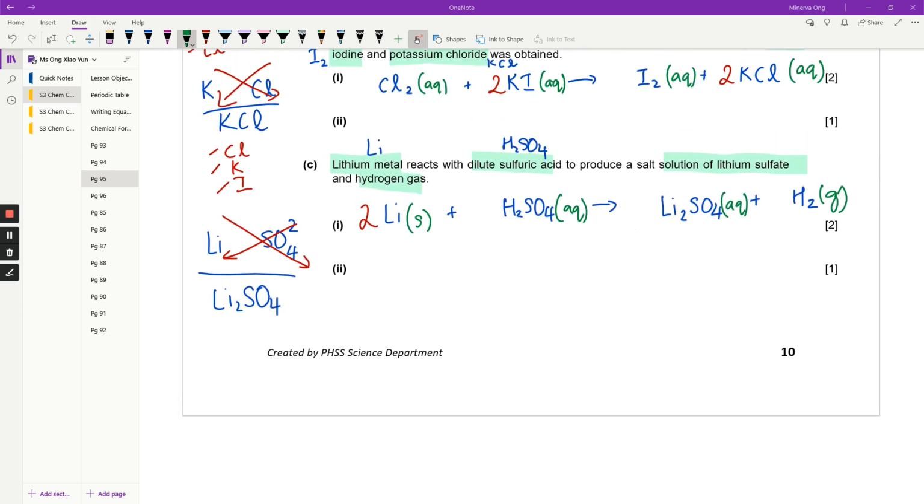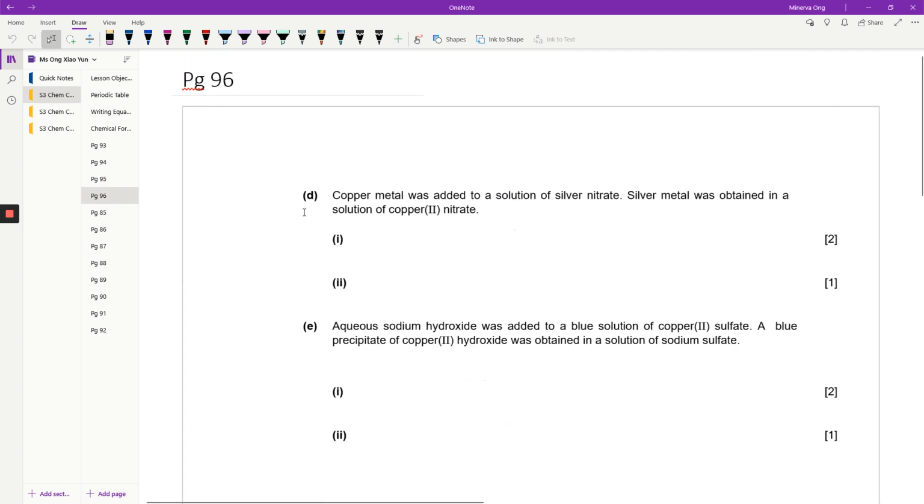So down to the last two questions. Hopefully I'm still within the 20 minutes time limit for the screen. Okay, so that's one. I will directly highlight for you to see what the reactants are. Now the products are silver metal and a solution.